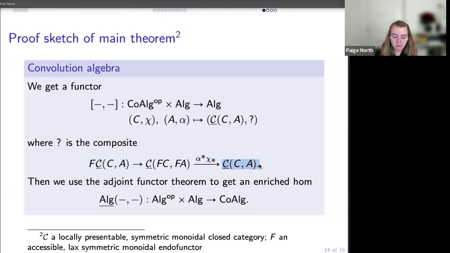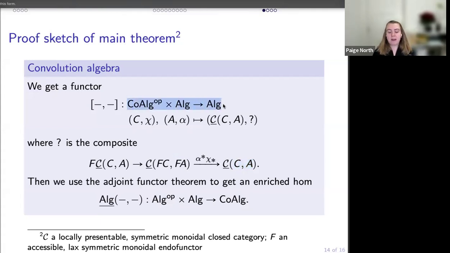So we do that by composing these two morphisms. We use the lax monoidality of F to push this F inside this internal Hom. That's basically just the definition. And then we pre- and post-compose by the alpha and the chi, the coalgebra and algebra structures, to get back to the C and the A. So that's how we define this functor.